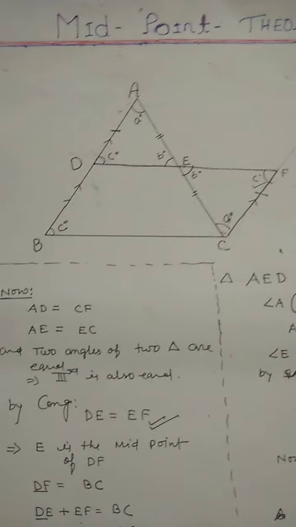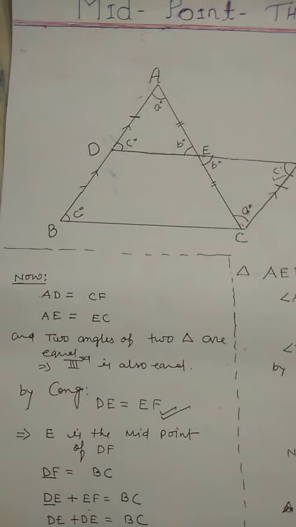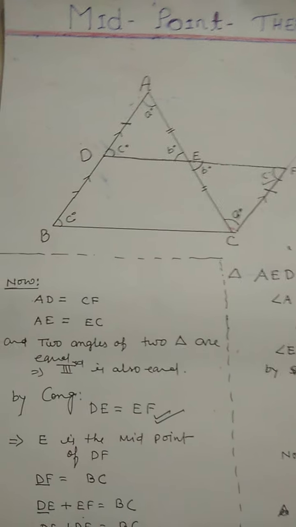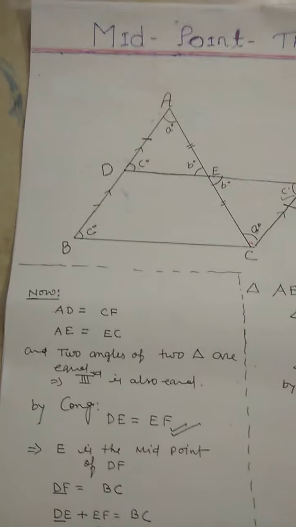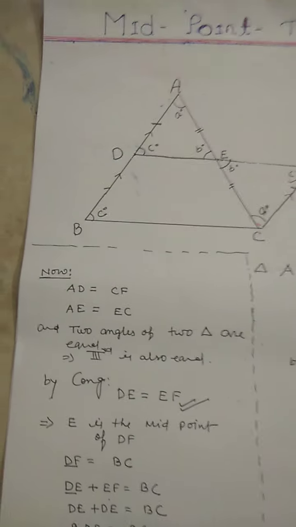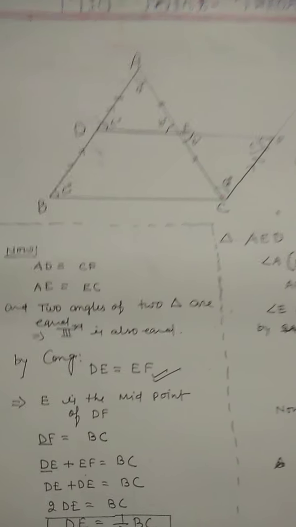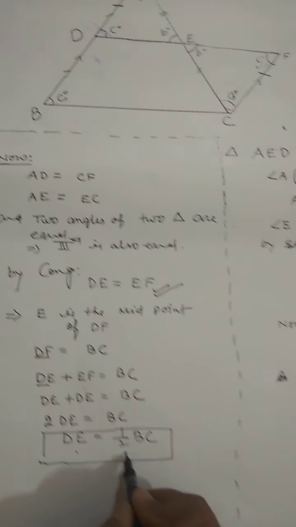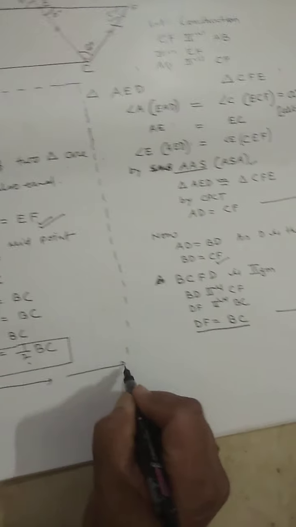See the beauty of mathematics. My suggestion, if you have a problem with the midpoint theorem, it is a very clear-cut theorem about how you use the fundamentals of congruency to prove it. So here DE is equal to half of BC. What is our summary from the midpoint theorem?